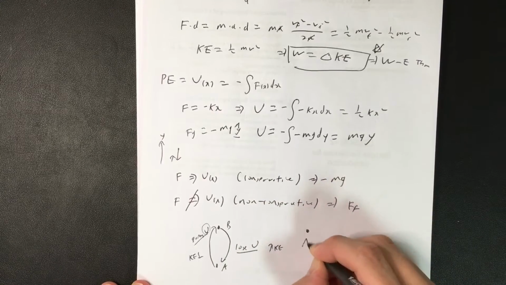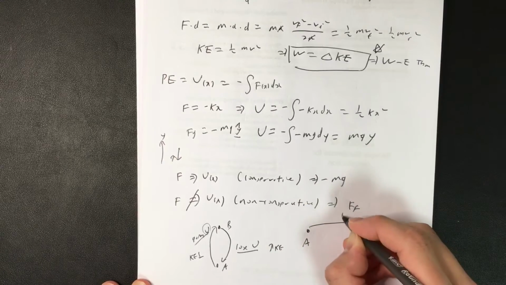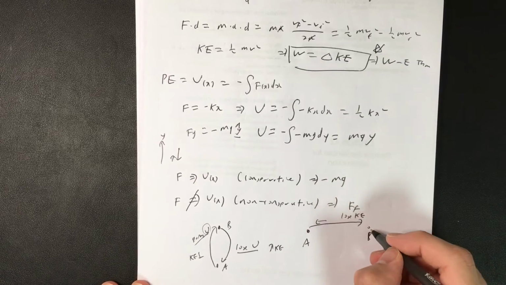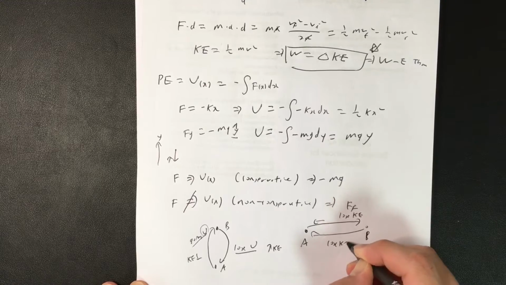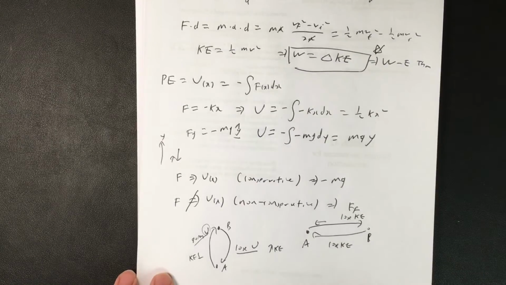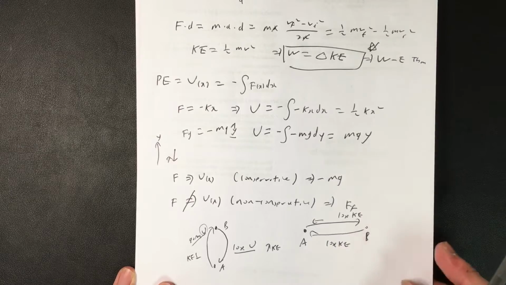However, for the force of friction, if I move an object from point A to B, this loses kinetic energy because the force is opposing motion. And when I bring this object from B back to A, this also loses kinetic energy. So there is no gaining back of kinetic energy with respect to the force of friction. Therefore, we call it non-conservative.